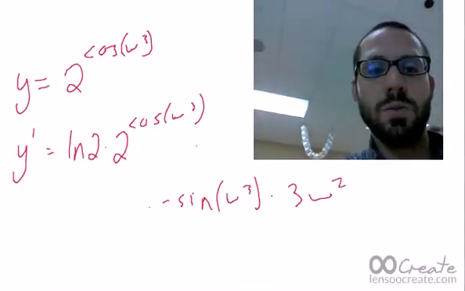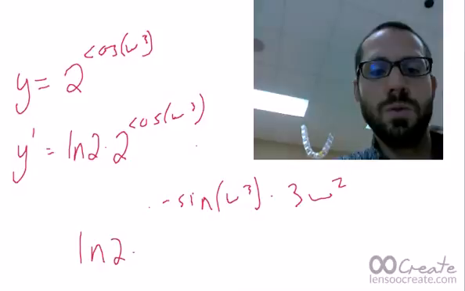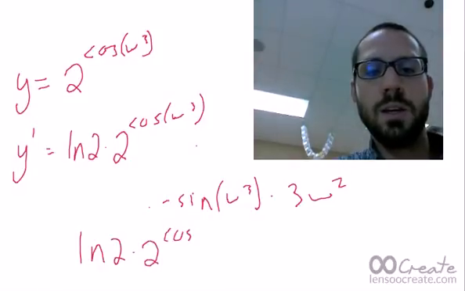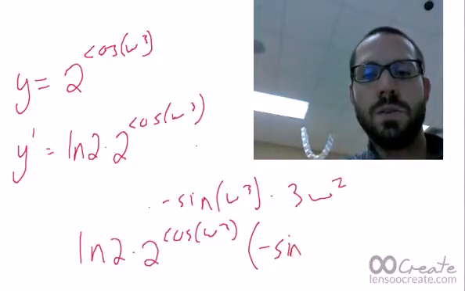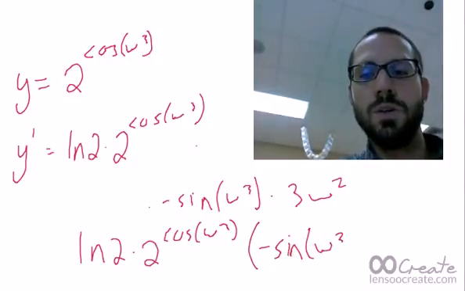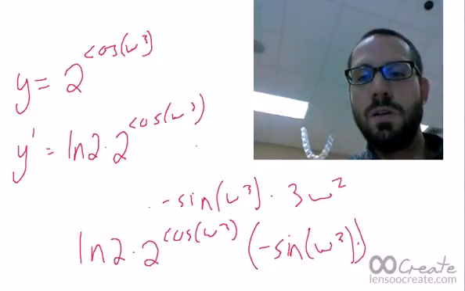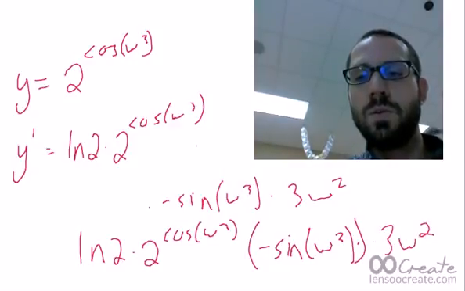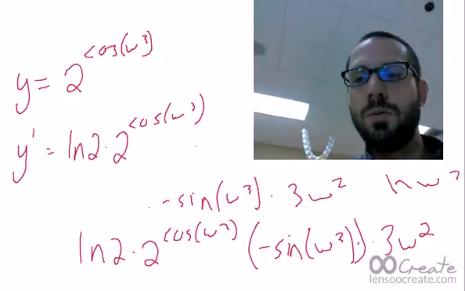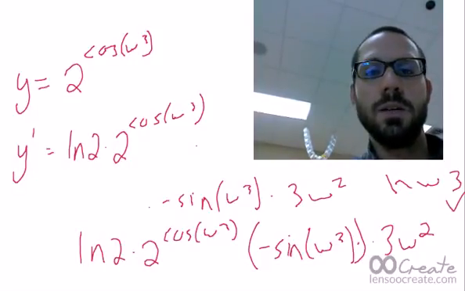So all of this would be multiplied: natural log 2 times 2 to the cosine w cubed times negative sine w cubed times 3w squared. Chapter 6, homework 3, done.